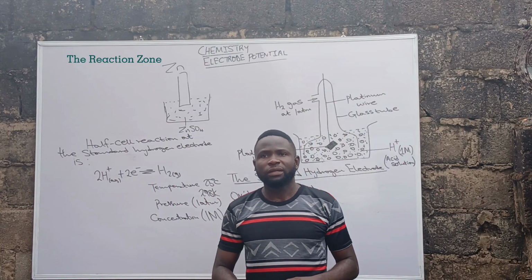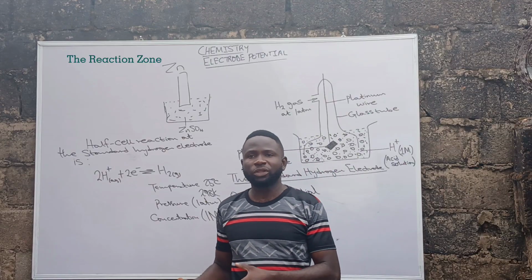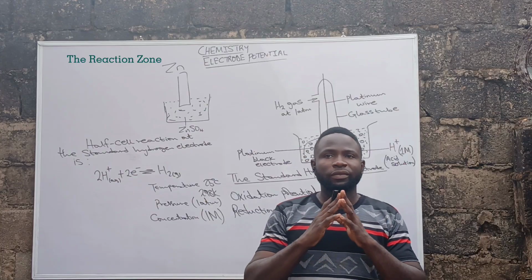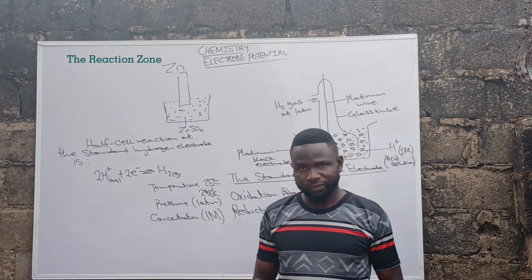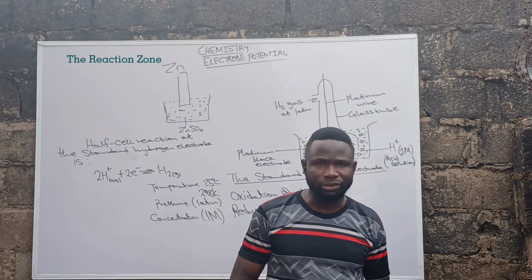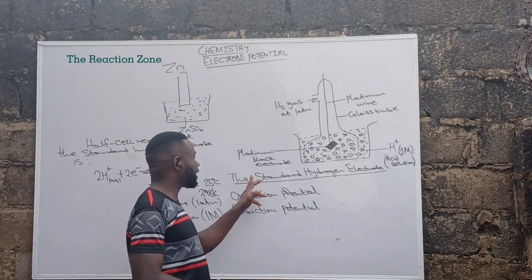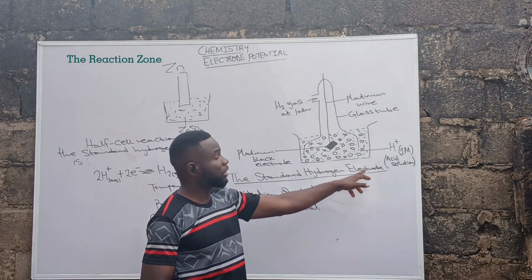Now, that other electrode whose potential is known is called the reference electrode. And in chemistry, what is usually used as the reference electrode is the standard hydrogen electrode.